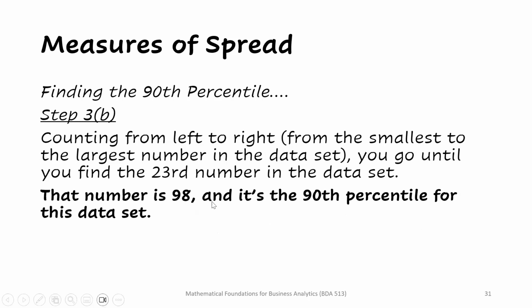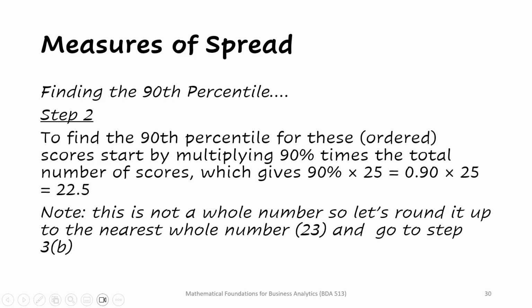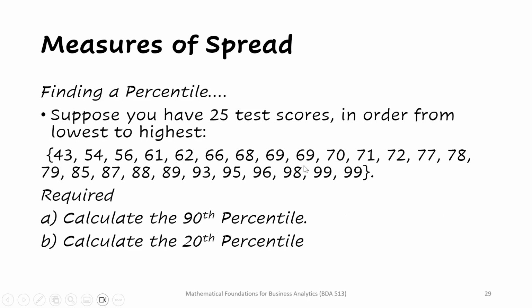We count our numbers from left to right until we get to the 23rd number in the data set. Remember it's up to 25. So the 23rd number is 98. So it's 90 percent times 25, which gives us 22.5.